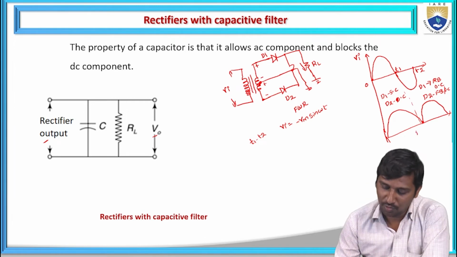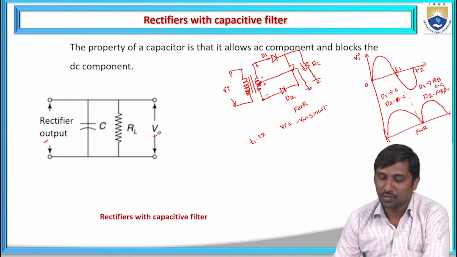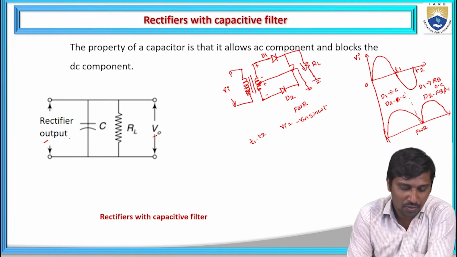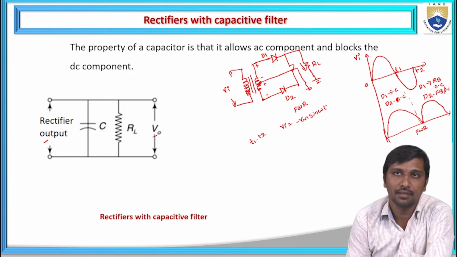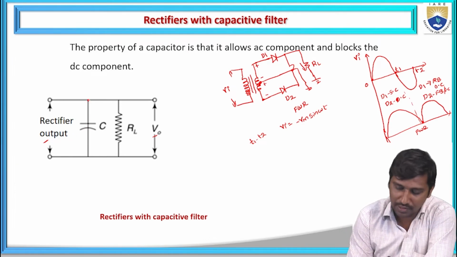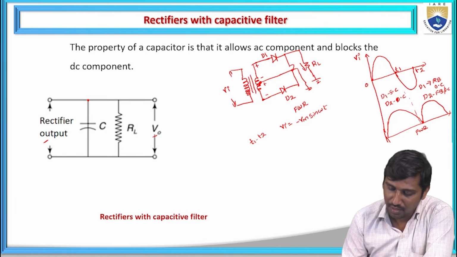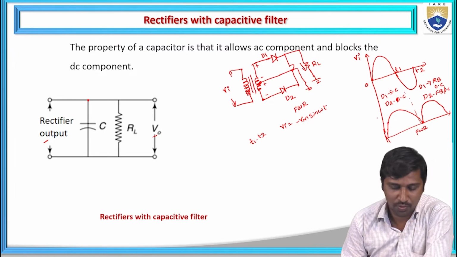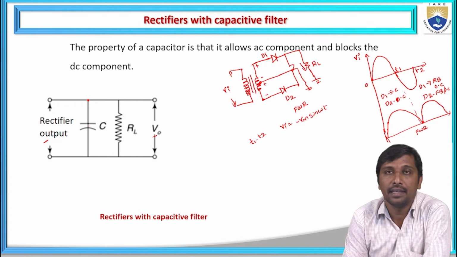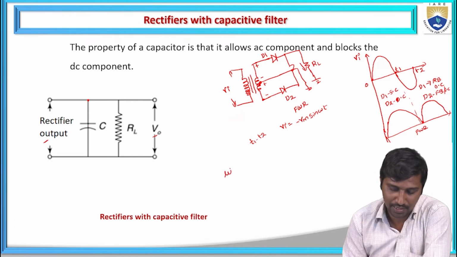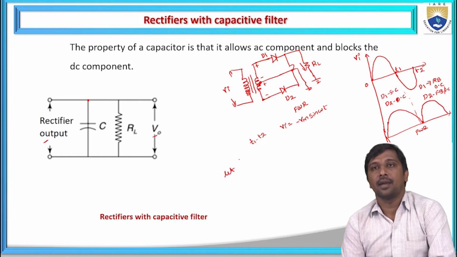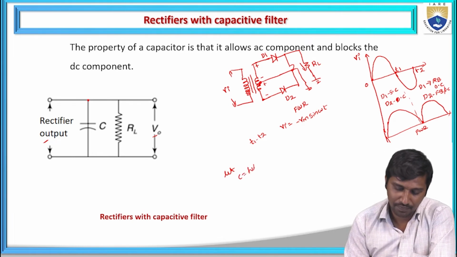Now, this is the full wave rectifier output. For this case, we are now going to pass it through the capacitor. So during this interval, what happens initially? Let us consider that initially the capacitor is fully discharged.